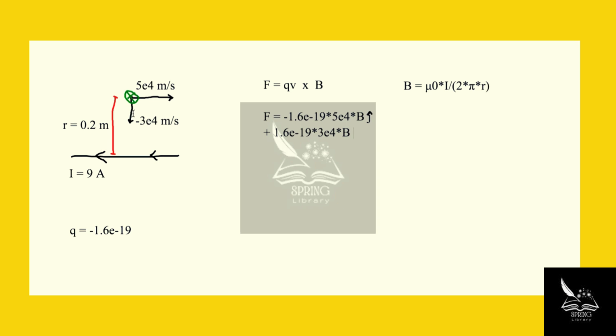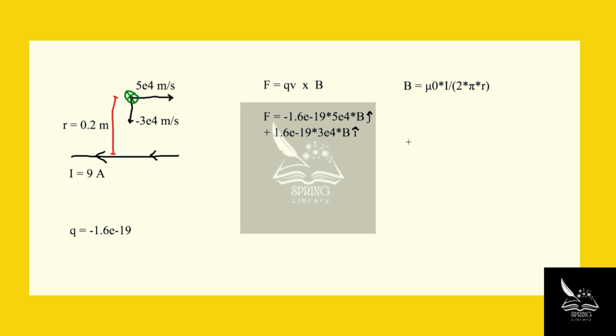We take the cross product of the velocity, which is down, and the magnetic field, which is into the page. Q v is down, crossing that into the page gives us something to the right, which is the positive i hat direction. That's this right here.